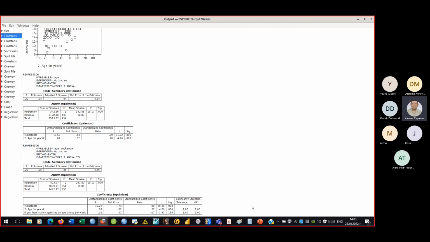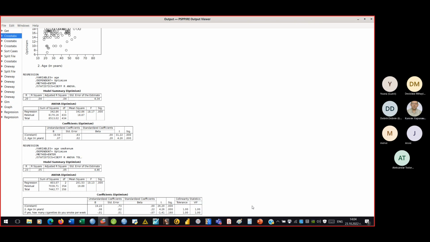If there are interactions, then we remove the next independent variable, again the one with the lowest tolerance, and so on and so on, until all remaining independent variables are with tolerance above 50%.